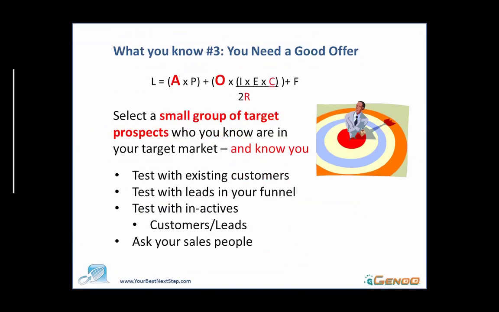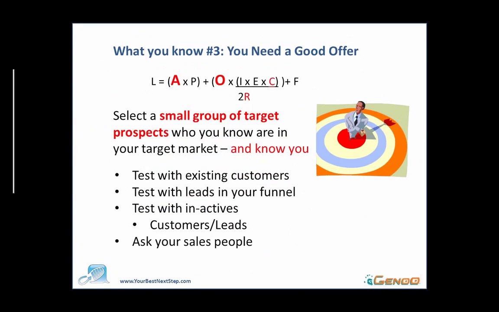All right, here's how we're going to test our offer. We're going to take a small group of target prospects who you know are in your market and who know you. And the reason we're doing that is because if we go back up to our equation, if we have a group of target prospects and they know us already, we've already identified the right audience.